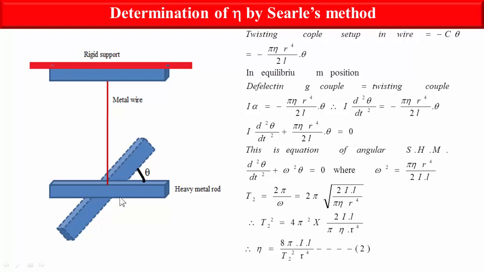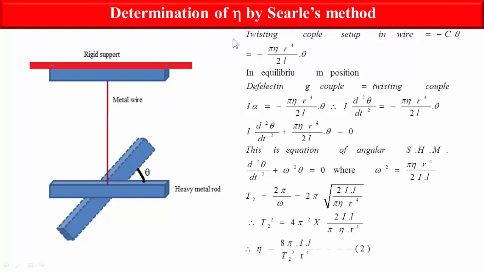But due to moment of inertia, the bar goes to the other side of the mean position. In this way, the system starts performing simple harmonic angular SHM or torsional oscillations in a horizontal plane.